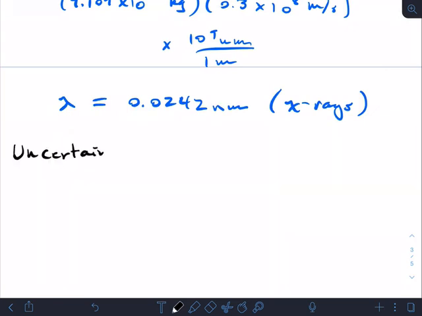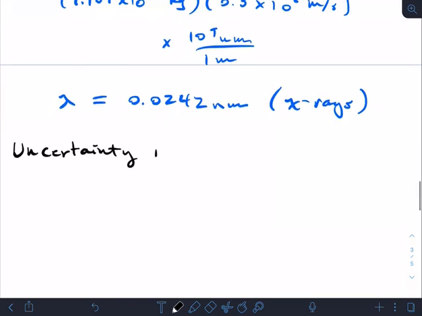But the uncertainty principle, I will tell you what it is. Okay, so the uncertainty principle is stated as this. So basically, let me do it basically.